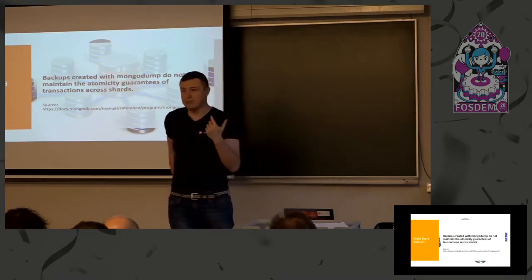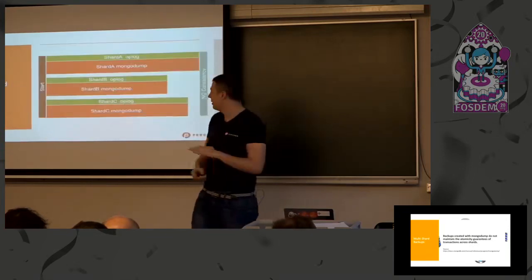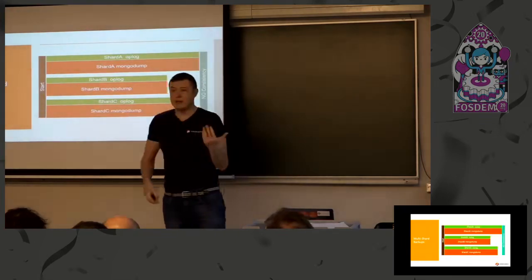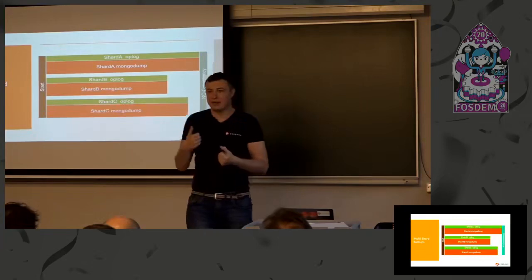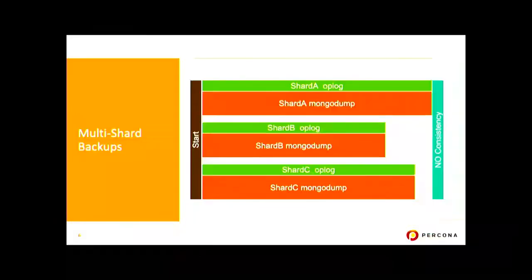But the most interesting thing is that different shards have different load and different disk speeds. So unfortunately, you cannot finish backup on multiple shards simultaneously on the same transaction.